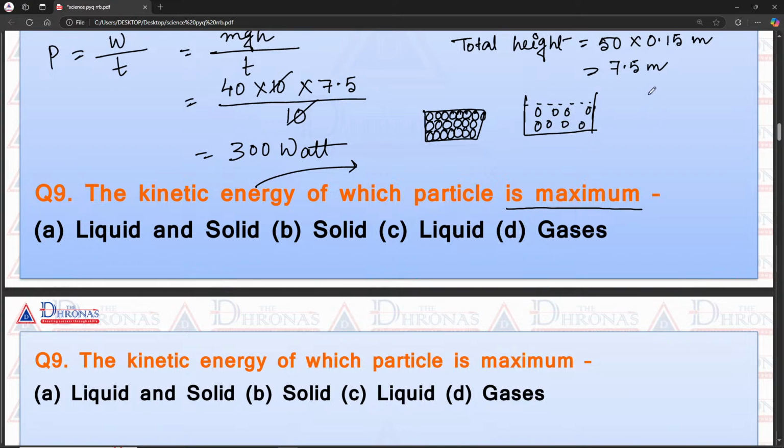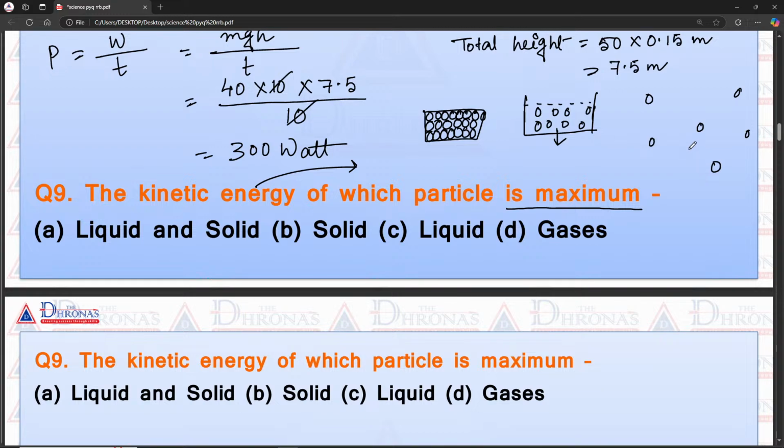But in the case of gas, the molecules are far apart from each other, and they are continuously, randomly moving here and there. In liquid also, molecules are in motion. But in the case of solid, molecules do not have any space to move. In liquid the random motion is a little, medium.